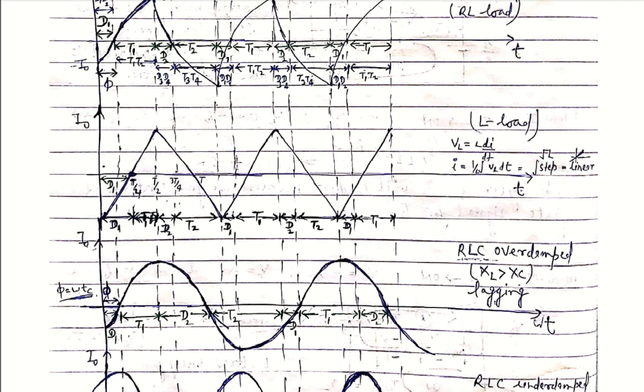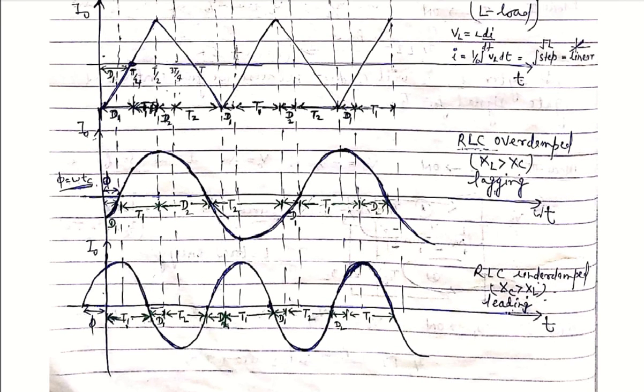And now we'll go through the RLC overdamped as well as underdamped case. In the previous lecture we saw that in the case of half bridge VSI with RLC loads, when XC is greater than XL, it is a leading load case, and in this case it is underdamped because delta is less than 1, so the damping factor is less than 1, and XC greater than XL, so it is a leading case.